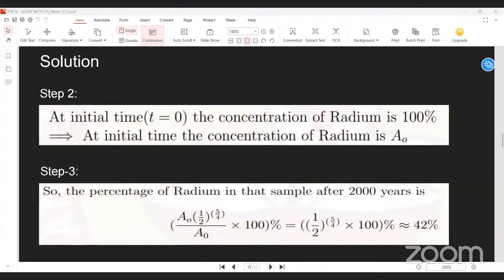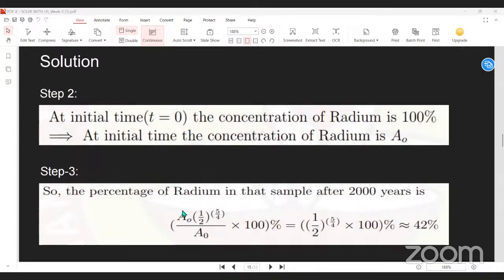Sir, can you please explain step 3 again? Step 3, okay. So the question is asking about the percentage of radium in that sample after 2000 year, right? So the percentage of radium can be calculated by the radium after 2000 year upon initial concentration, right?